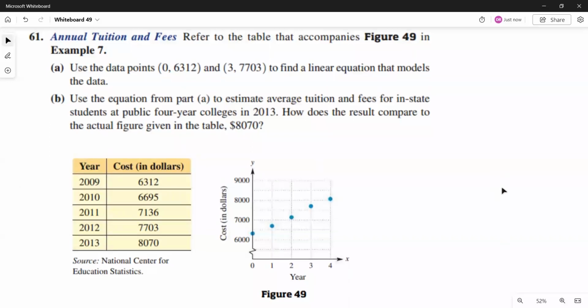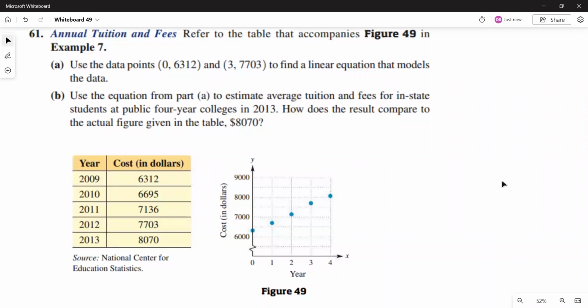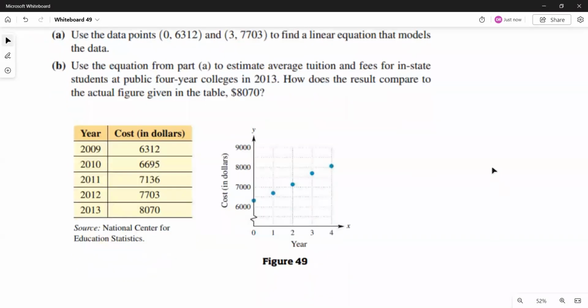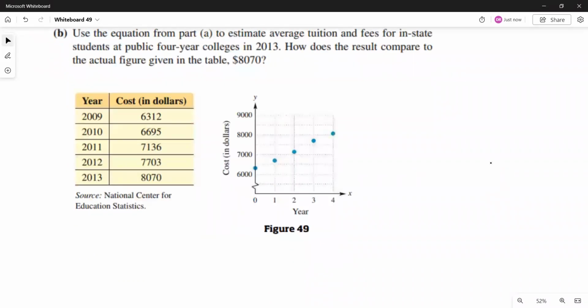So now that we have some context, we're going to use the data points (0, 6312) and (3, 7703) to find a linear equation that models the data. So let's do that. Our points are (0, 6312) and (3, 7703).